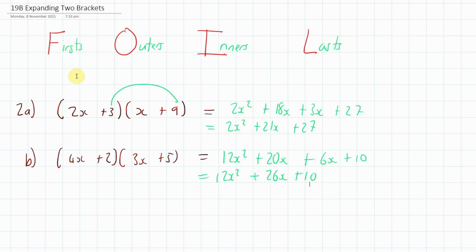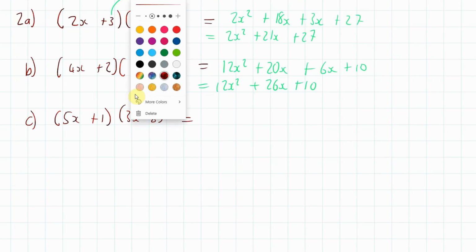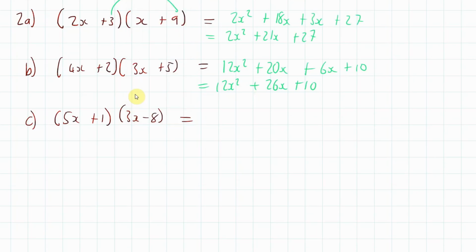Hopefully at this point you can see that there's a little bit of a strategy that can save us a little bit of time here. Let's try that with the next one. So we've got 5x plus 1 into 3x minus 8. So our first is going to be 5x times 3x, which is 15x squared.